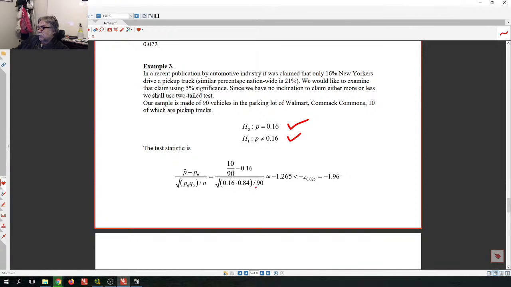And then you divide by 90, which is the size of my sample, 10 of them pickup trucks. Okay, after this is churned up, you use a calculator: multiply, divide, radical, divide, subtract, then finally divide this one with this one, and you get negative 1.265.